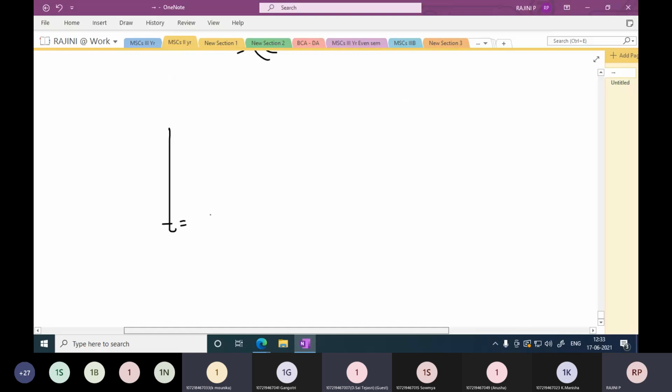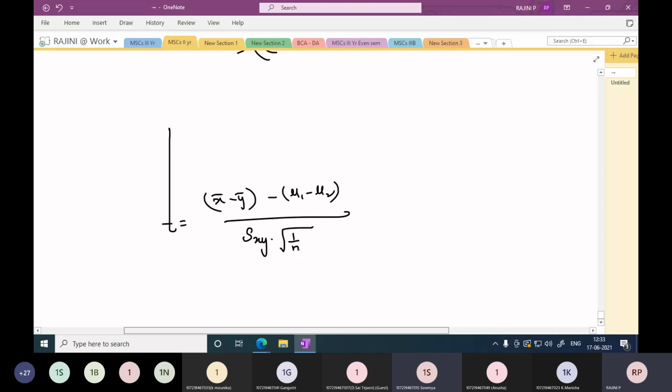X bar minus Y bar minus (mu1 minus mu2) divided by Sxy, the pooled variance, into the root of 1 by n1 plus 1 by n2. Then how can you tell me S1 square and S2 square?